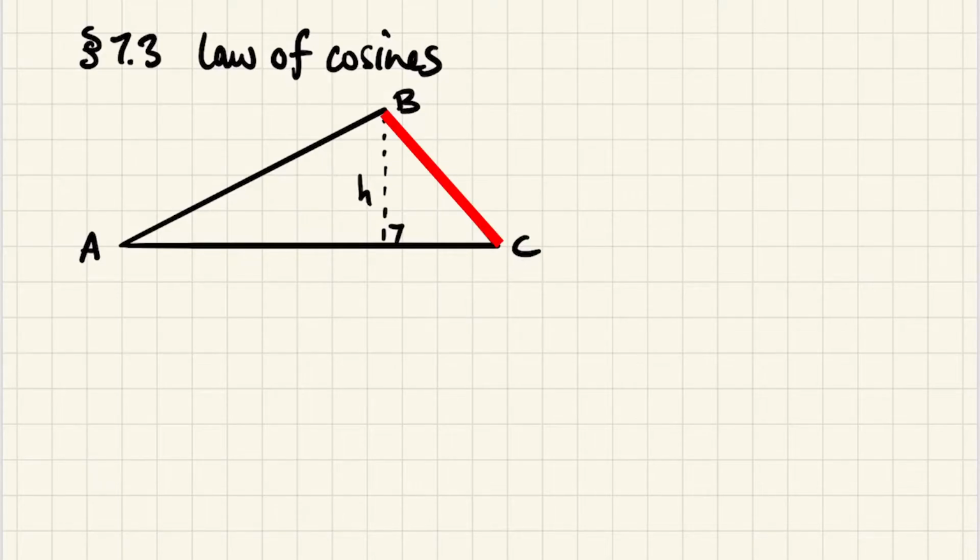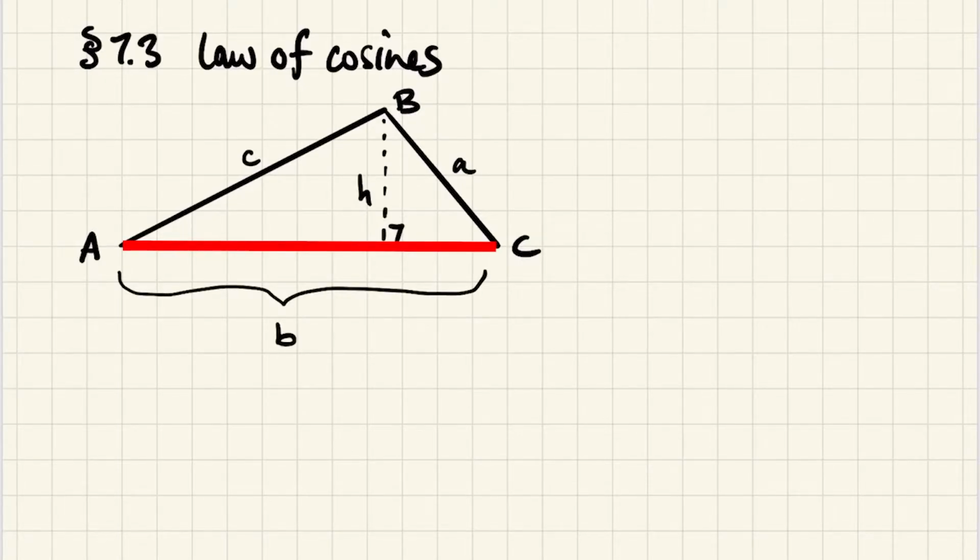This will be side A, this is side C, and this whole bottom is called B, but let's label just this segment right here as X, and this segment over here as B minus X.